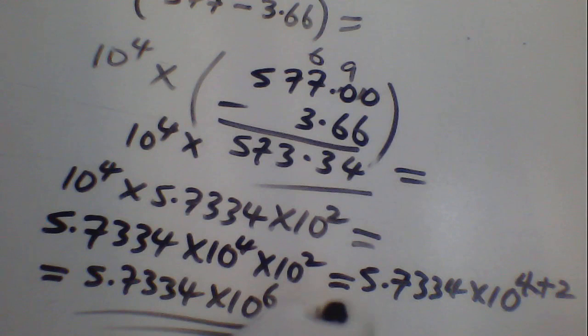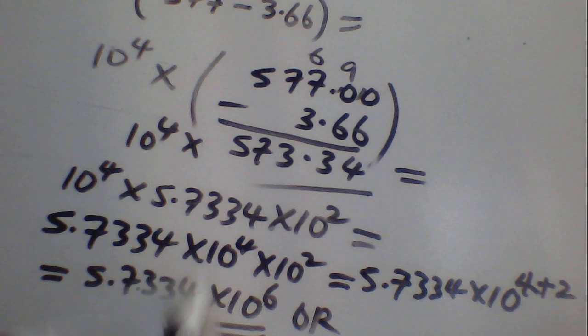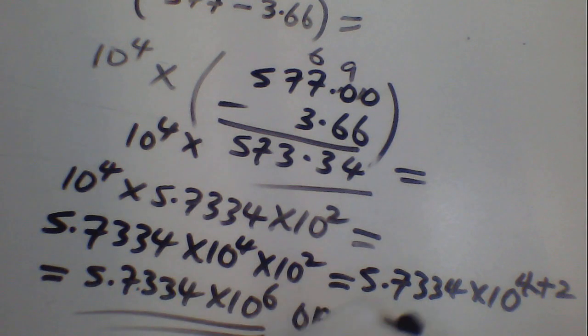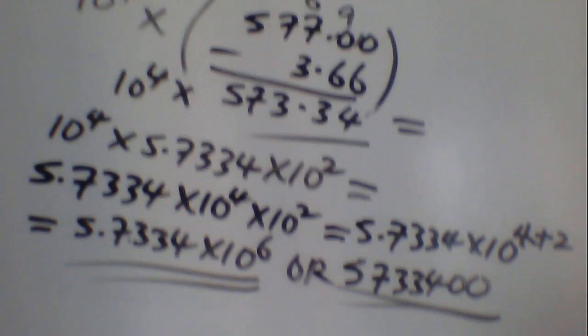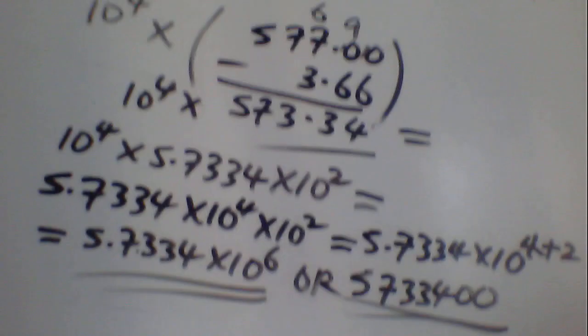You can as well leave your answer in expanded form. That is 1, 2, 3, 4, 5, 6. You add 2 zeros in front. So 5, 7, 3, 3, 4, 0, 0. So that is the answer. Any of these answers definitely will be accepted.